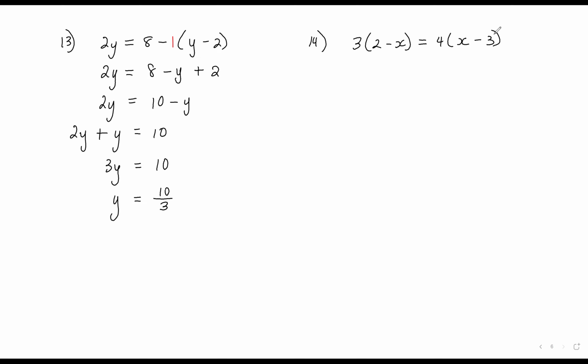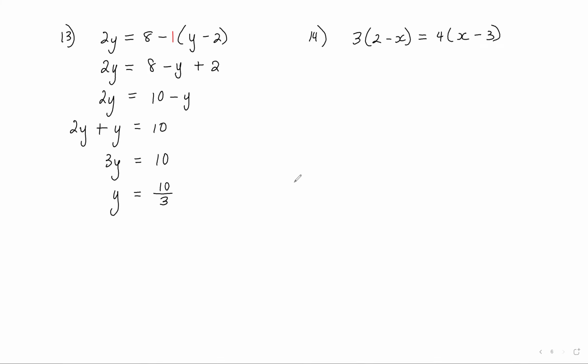You multiply the 3 by the 2, which will give me 6, minus 3x, because you multiply the 3 by the x as well. Yeah, right. And now the right-hand side. 4x minus 12. That's right.